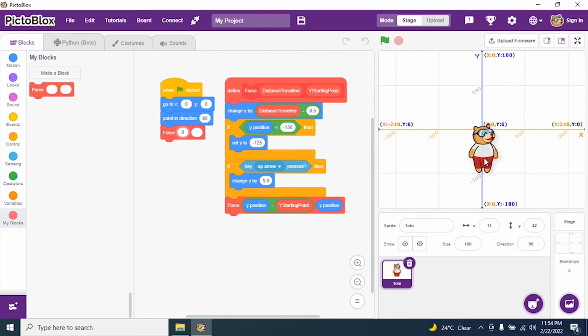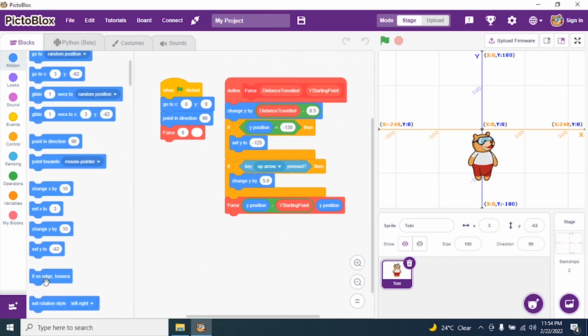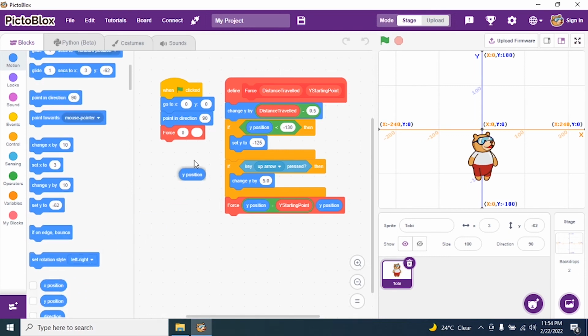Wherever he is, it may be this starting point, it may be this starting point. So it is 0, and I say y position, because we are targeting only y position, and I run the program and see what's happening.